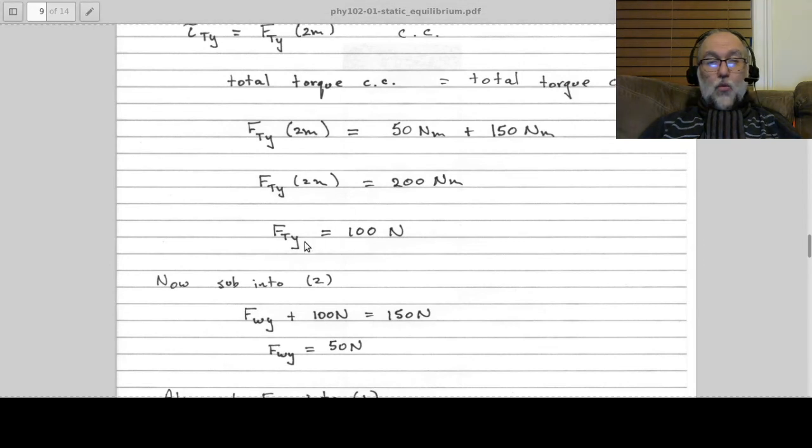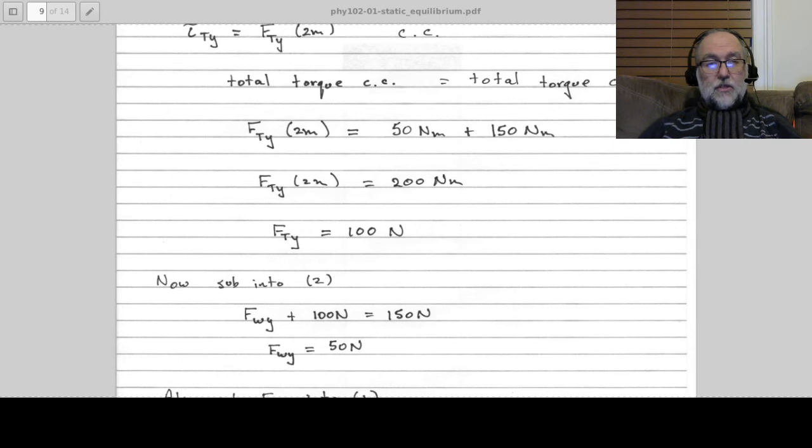All right, great. We've got one of the numbers that we need. We have FTY. Now, when you take a look at the equations above, you'll see that FTY also appears in the equation which balances the forces up and down. That was equation number 2. And so now that we have FTY, we can substitute that into equation number 2.